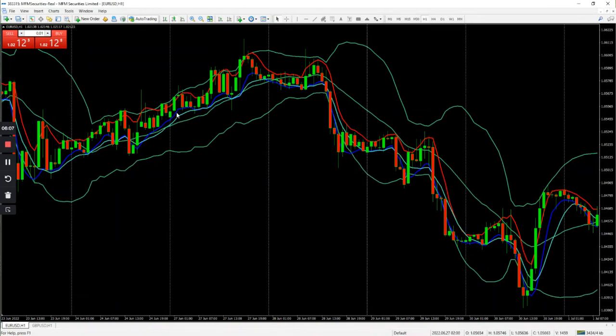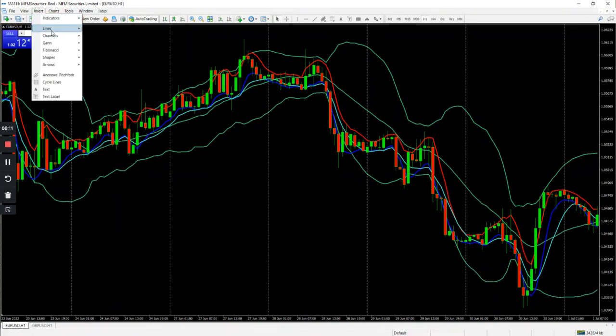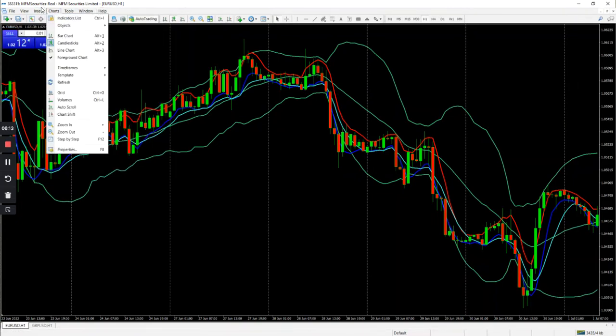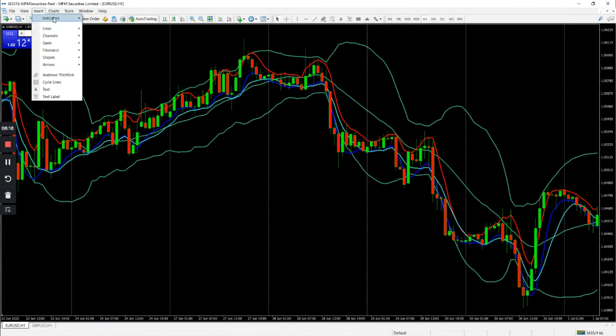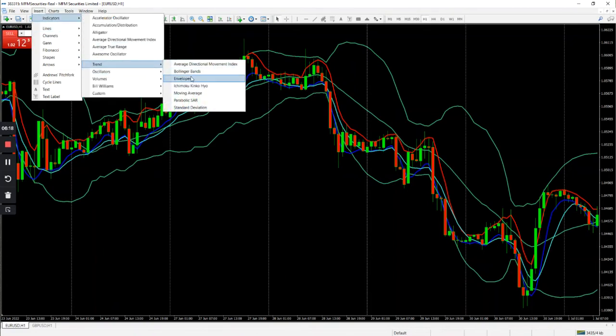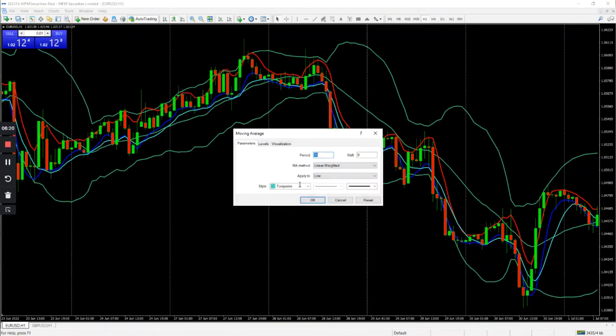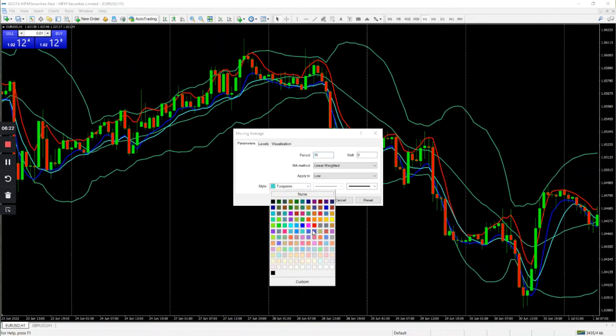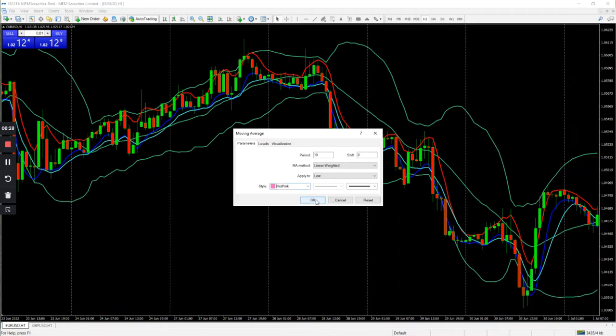The blue theme is low, and I'll have moving average period 10 high, in hot pink.